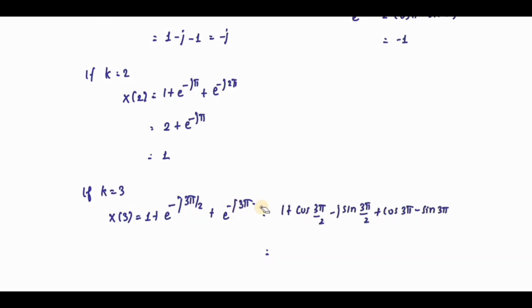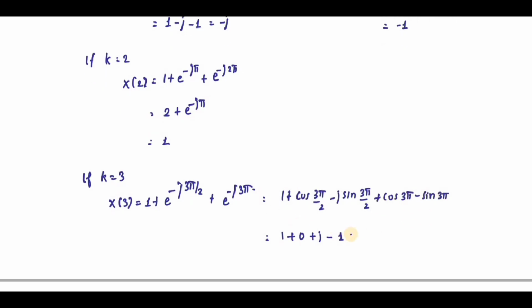So if you expand this, 1 plus cos 3 pi by 2 minus j sin 3 pi by 2 plus cos 3 pi minus j sin 3 pi. So you will get 1 plus 0, minus j times minus 1, plus 0. So you will get the answer as j.